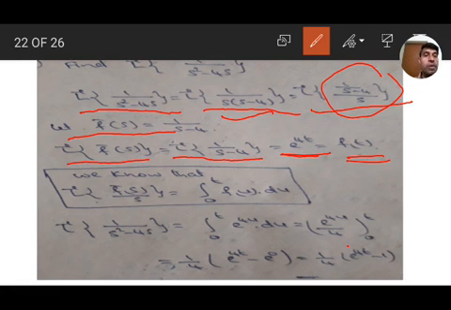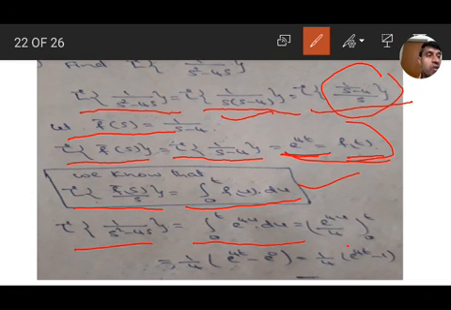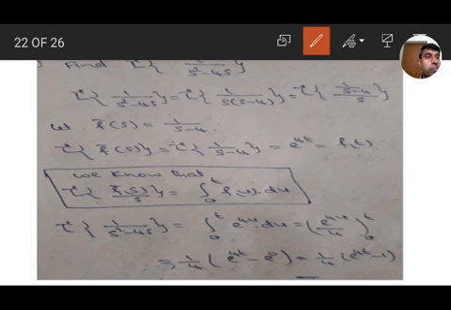And we know the formula L inverse of f bar s by s equals integration 0 to t f of u du. Therefore L inverse of 1 by s square minus 4s equals integration 0 to t f of u, where f of t is e to the power of 4t, so f of u means e to the power of 4u du. The integration of e to the power of ax is e to the power of ax by a, that is e to the power of 4u by 4, from 0 to t.